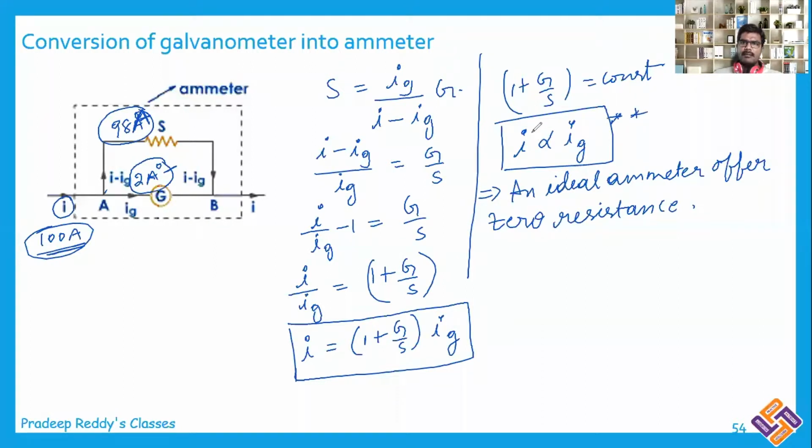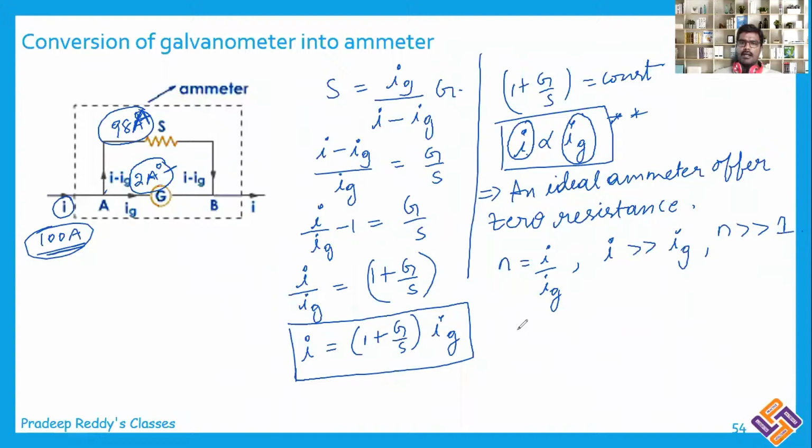Okay, therefore remember that I is the current measured in the ammeter, and this current is directly proportional to the galvanometer current, and galvanometer current is a very small value. Therefore, N can be made as large as possible. We have already seen that N is equal to I divided by Ig. Usually I is greater than Ig. Therefore, N is greater than 1.